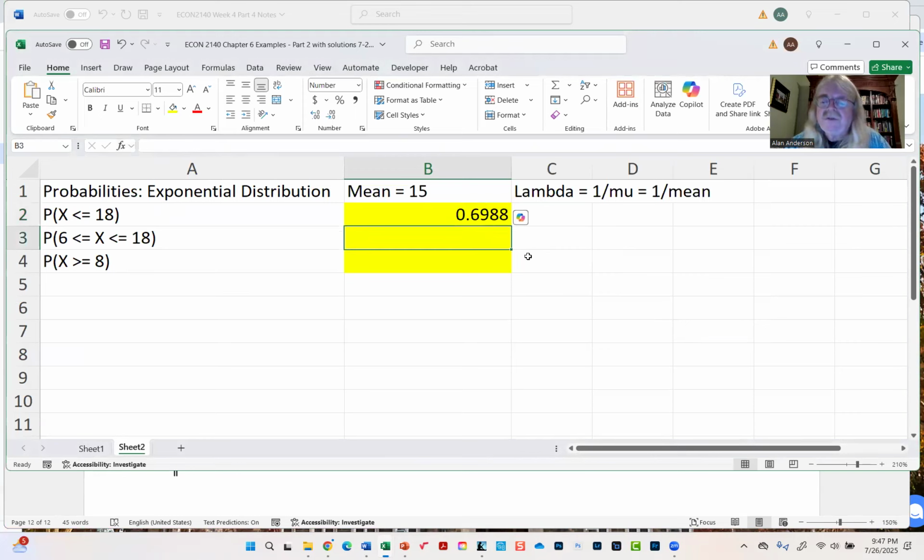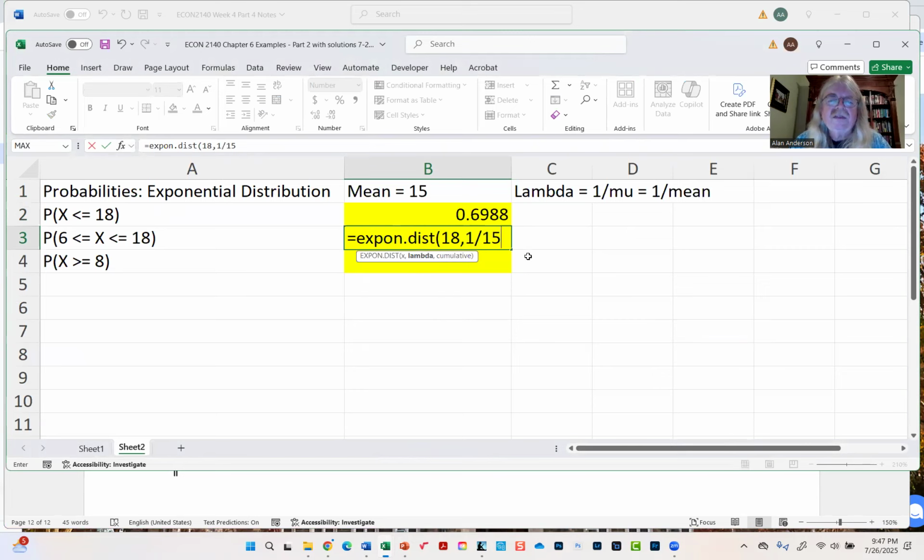Then, now this one, we have to do the in-between thing. In other words, EXPON.DIST, X is 18, lambda is 1 over 15, cumulative is yes. Then we have to do the same thing for 6 and subtract.